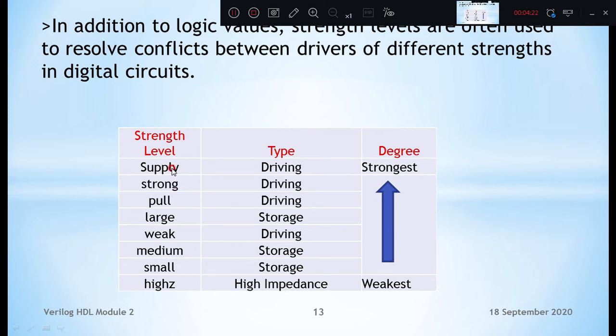The strength level supply represents the strongest value, logic 1; high impedance, the weakest value, not connected anywhere. Other than that, large, medium and small are used along with tri-resistors. This is the order in which the strength levels are represented. Supply means highest strength level, high Z means weakest strength level.